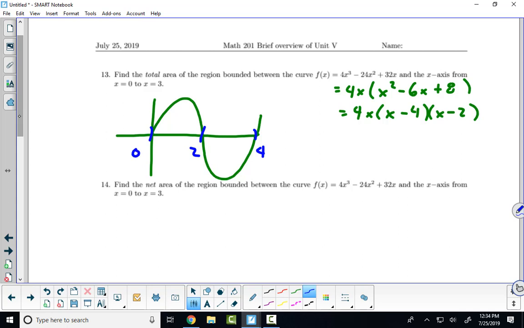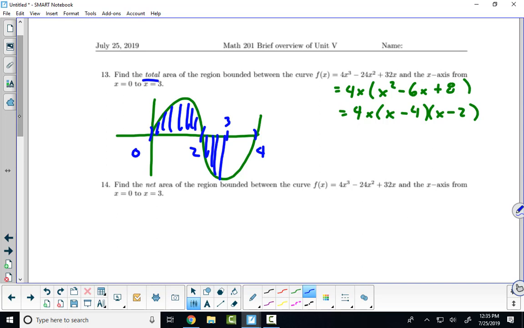Okay? Let's look at this question. Here I'm asking you to find the total area between 0 and 3. Here's 3 about. I don't know if that turning point's right in the middle there, but there's 3.